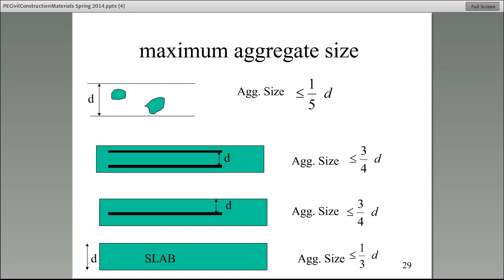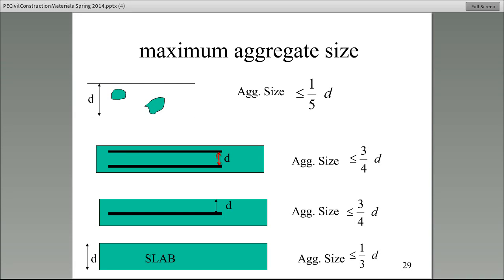All right? As I told you, this has been on the test before. Very recently, by the way, one of the questions was this. They were asking what should be the limit based on the clear spacing between 2 rebars.